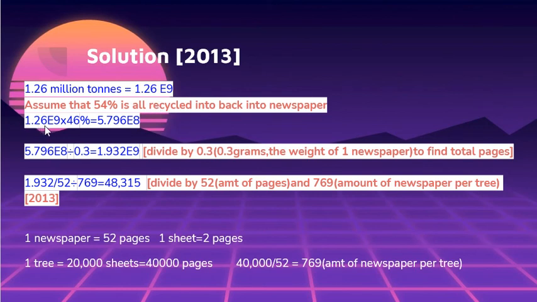Thus, 1.26 times 10 to the power of 9 times 46% is equivalent to 5.796 times 10 to the power of 8, which is the amount of newspaper that comes from trees. 5.796 times 10 to the power of 8 divided by 0.3, which is 300 grams, the weight of one newspaper, is equivalent to 1.932 times 10 to the power of 9. 1.932 times 10 to the power of 9 divided by 52 divided by 769 is equivalent to 48,315, which is the amount of trees in that year used for newspaper.